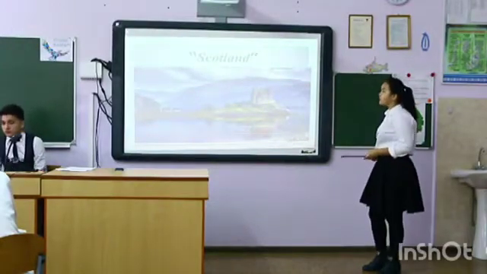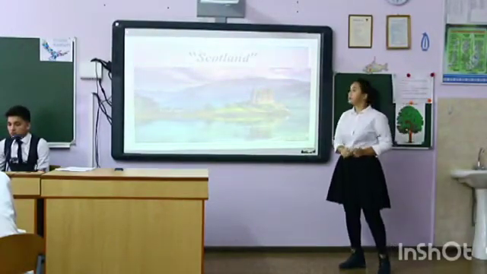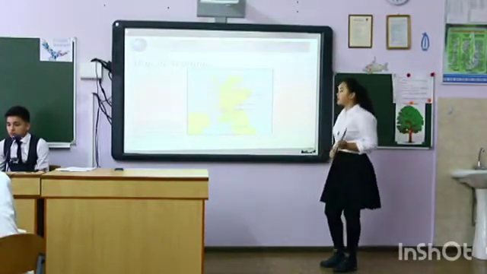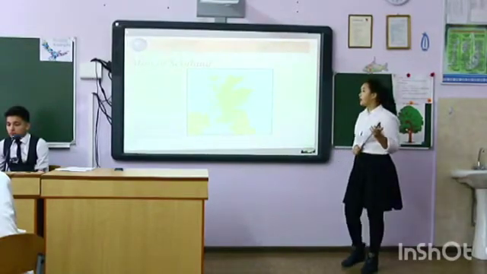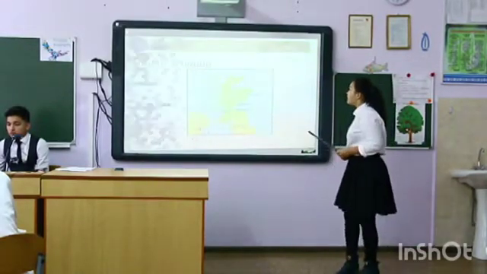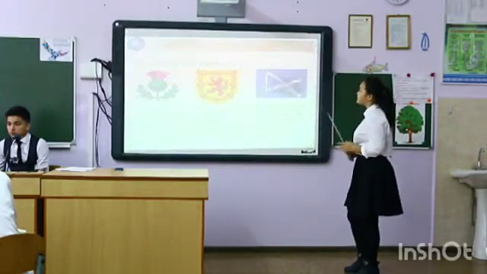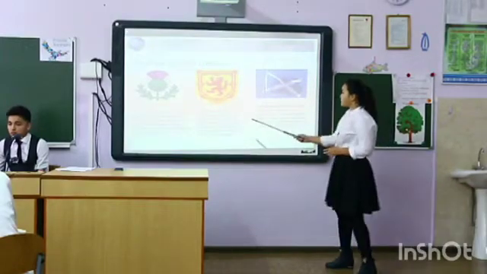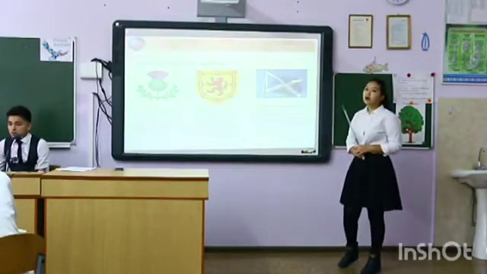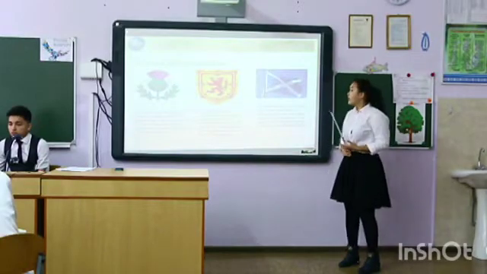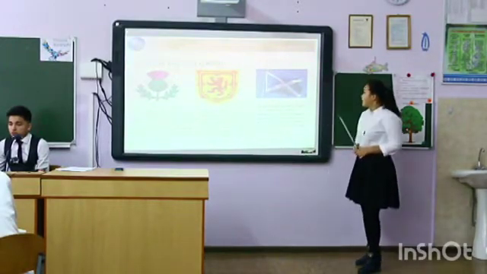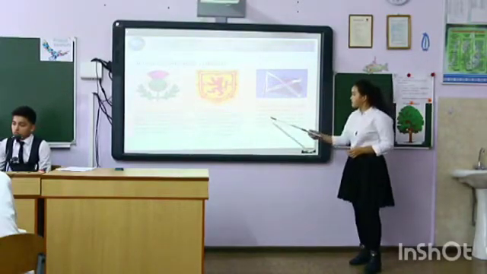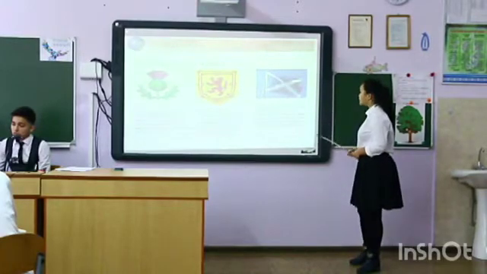Scotland is one of the most interesting countries in the United Kingdom. It borders England and is washed by the North Sea, the Atlantic Ocean, the North Channel and the Irish Sea. This is the floral emblem of Scotland. The Royal Arms of Scotland is a coat of arms symbolizing Scotland and Scotland's monarch. The national flag of Scotland dates from the 8th century and is thus the oldest national flag.